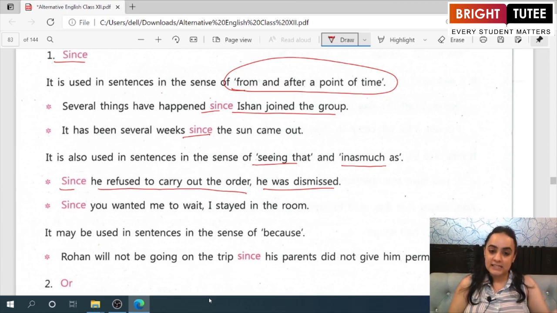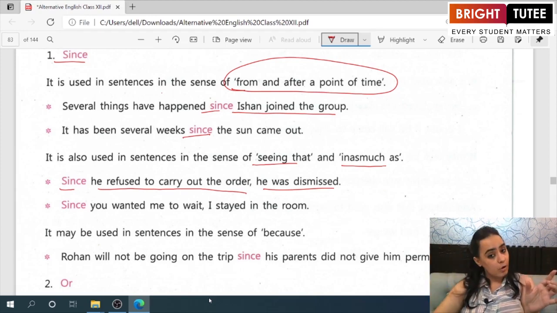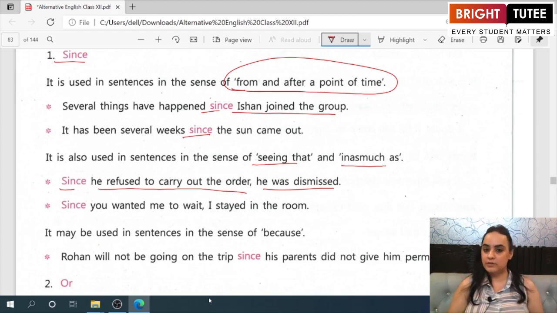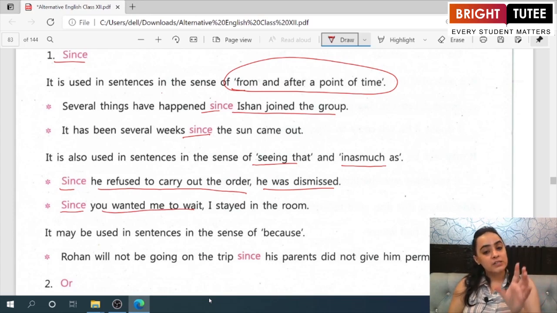So since, seeing that he refused to carry out the order, he was dismissed. So what was the outcome of his having refused to carry out the order? He was dismissed. Since you wanted me to wait, I stayed in the room. So why am I staying in the room? Because you wanted me to wait.